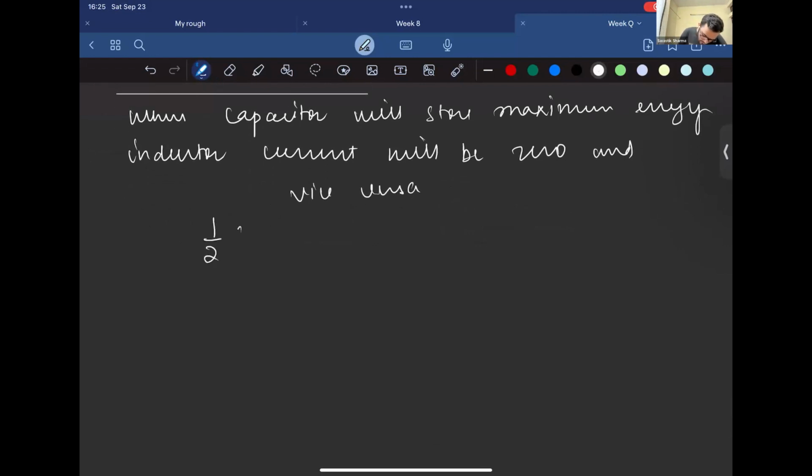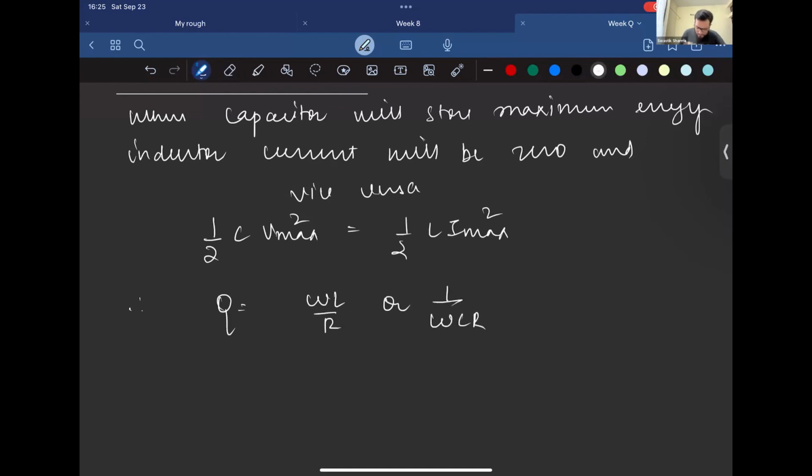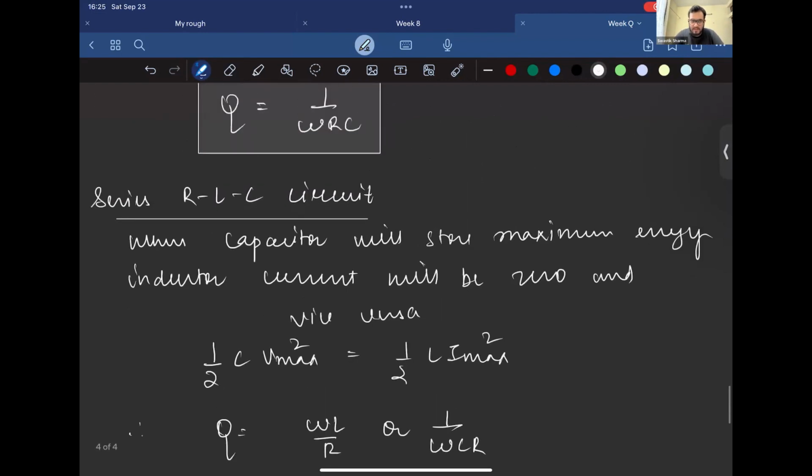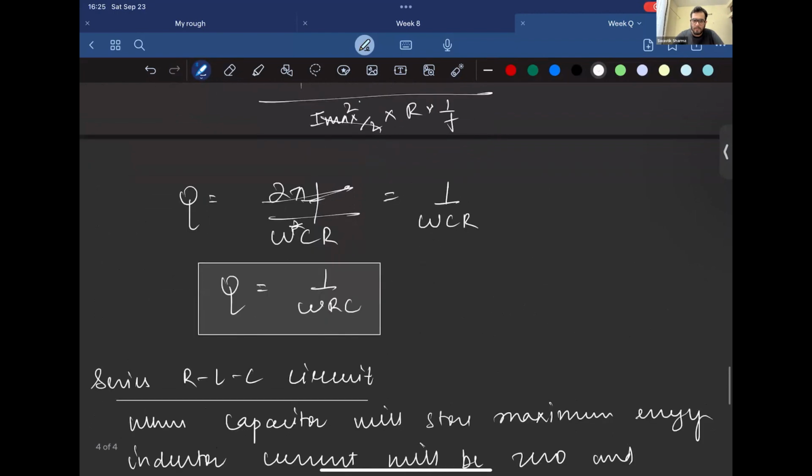So half C V max square will equal half L I max square. So for a series RLC circuit, Q can be both omega naught L by R or 1 upon omega C R. So that's how you write quality factor for all those three circuits, RL, RC and RLC circuit.